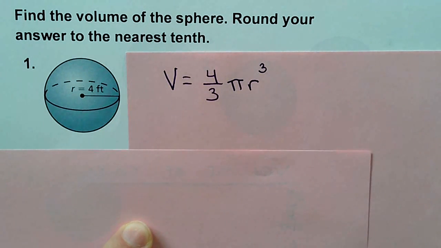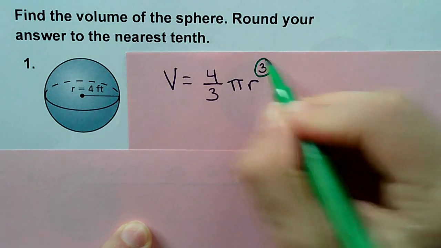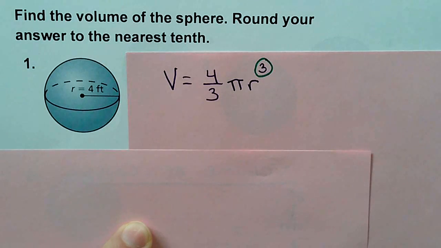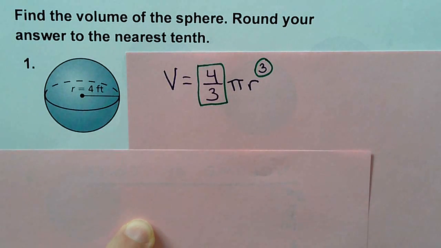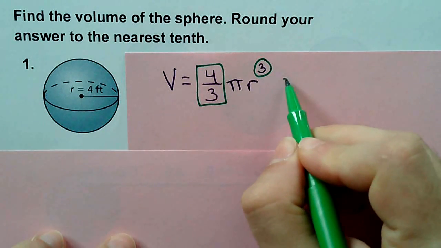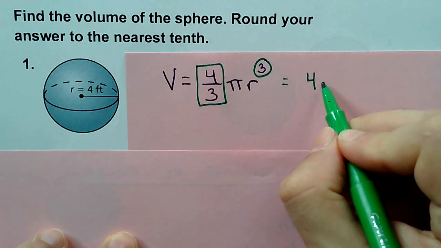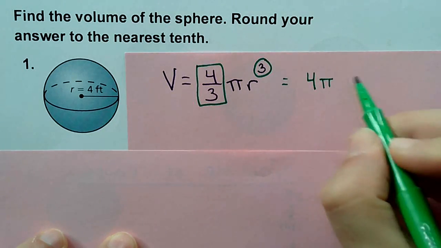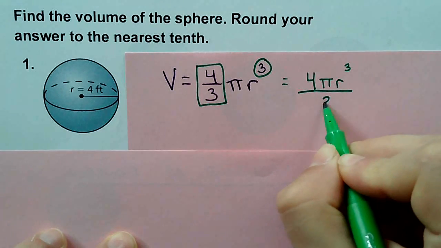All right, so there's a couple big differences here. First one, it's the only volume formula we have so far that has that cubed in it. So that's one thing we have to make sure we remember. And this fraction of 4/3. Now, 4/3, it's kind of a gross fraction, right? It's one of those repeating decimals. So we can actually transform this to think of it as 4 times pi times r cubed and divide that by 3.